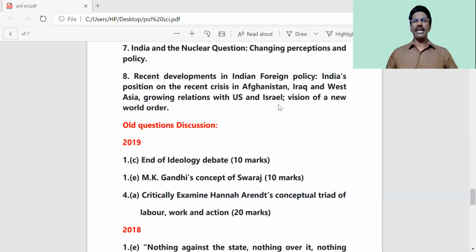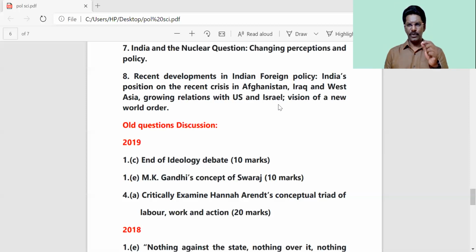So when I'm going to the mains examination in an optional paper like PSIR, you take the 2019 PSIR optional paper and go to the compulsory question, 1C. This is a simple logic and simple idea. On the basis of this, UPSC has asked about the end of ideology debate.